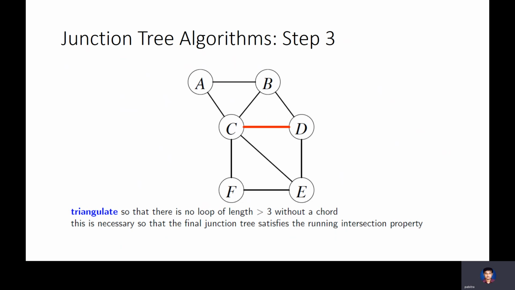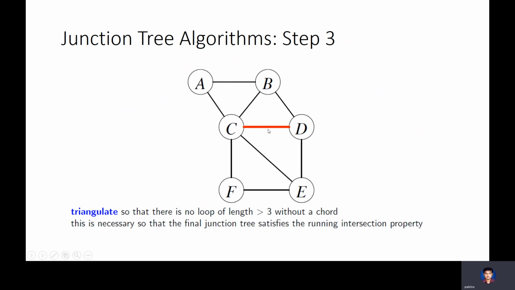There is one more step: you do a triangulation. So you find out all loops of length greater than 3. If there is such a loop, you introduce chords so that there is no loop of length greater than 3.